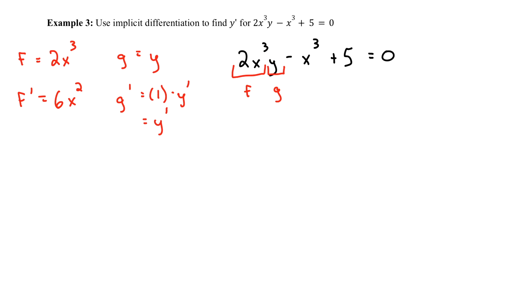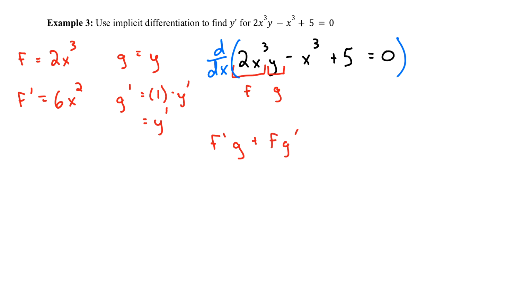So our first step, I've kind of jumped ahead a little bit, but our first step, as usual with implicit differentiation, is to take the derivative of both sides of our equation. If I'm thinking ahead here, I've labeled f and g. I'm using my product rule, which says f prime times g plus f times g prime.